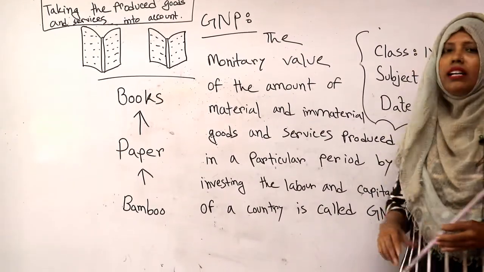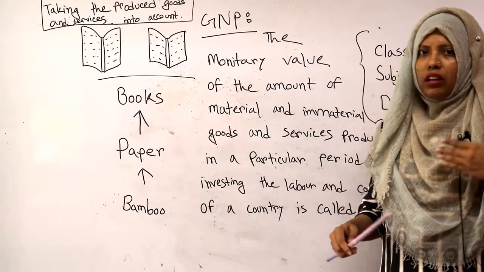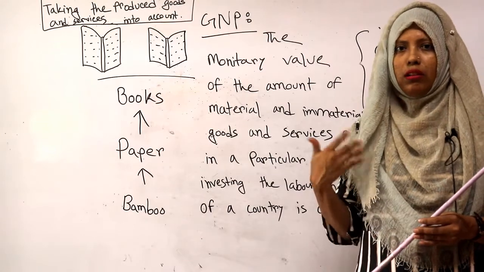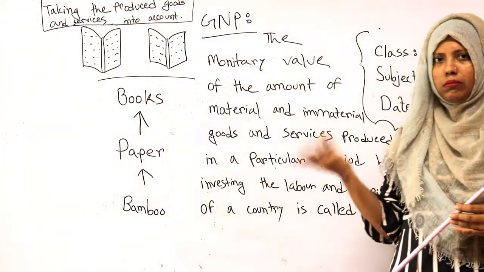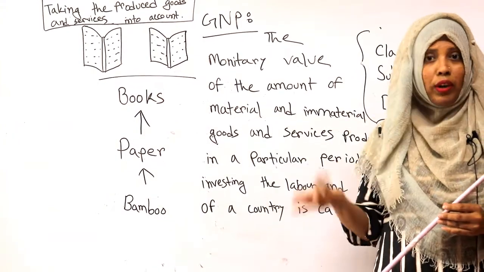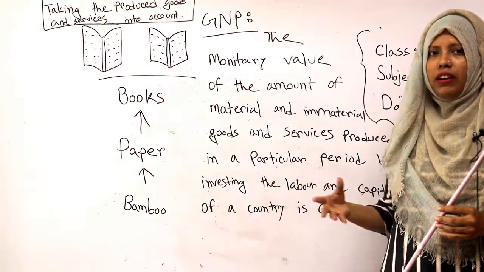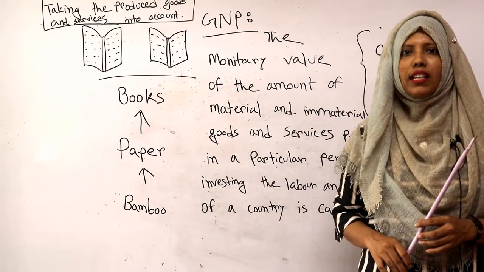That means within 1 year, what we have invested and our labor cost, everything we earn, the amount we earn by this labor and capital, is called GNP or gross national product.